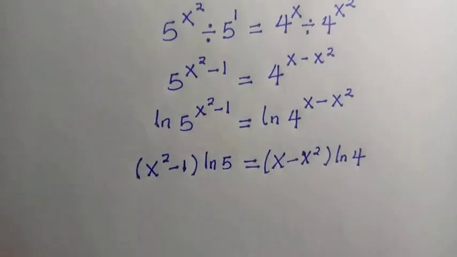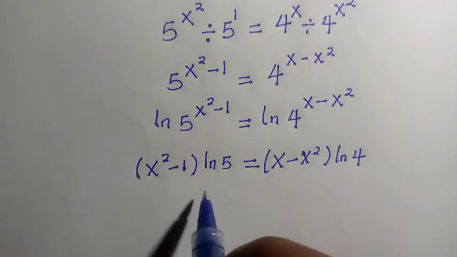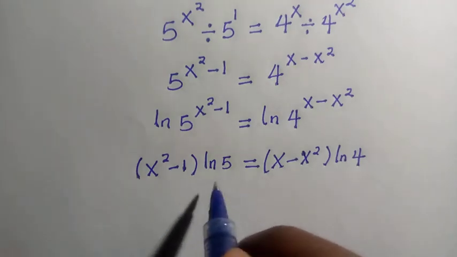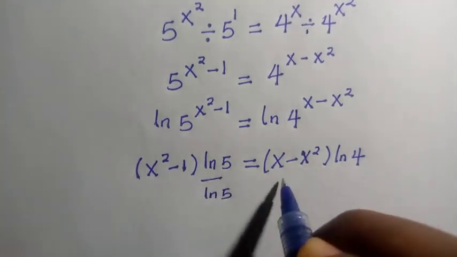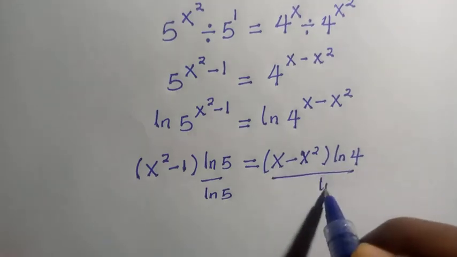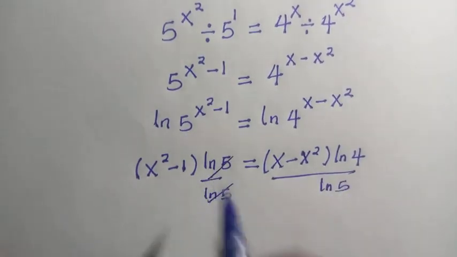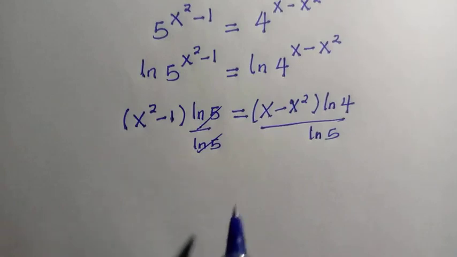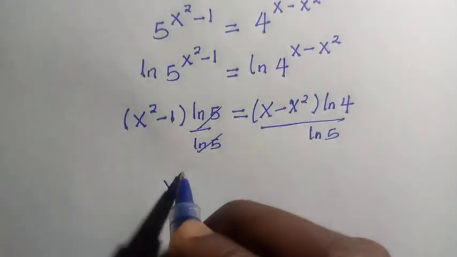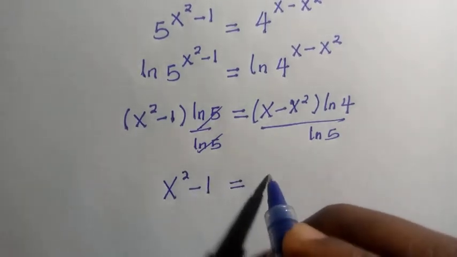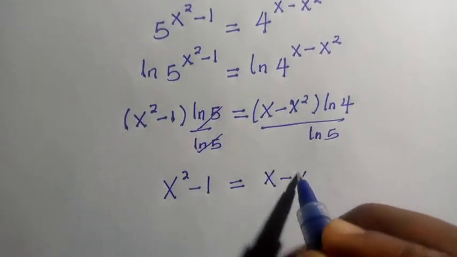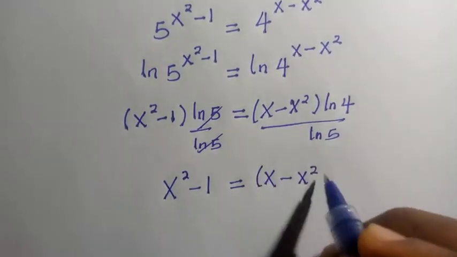So when we have this, let's divide both sides by ln 5. By dividing both sides by ln 5, we have this cancelled. Then at this side we have x squared minus 1 equals x minus x squared.